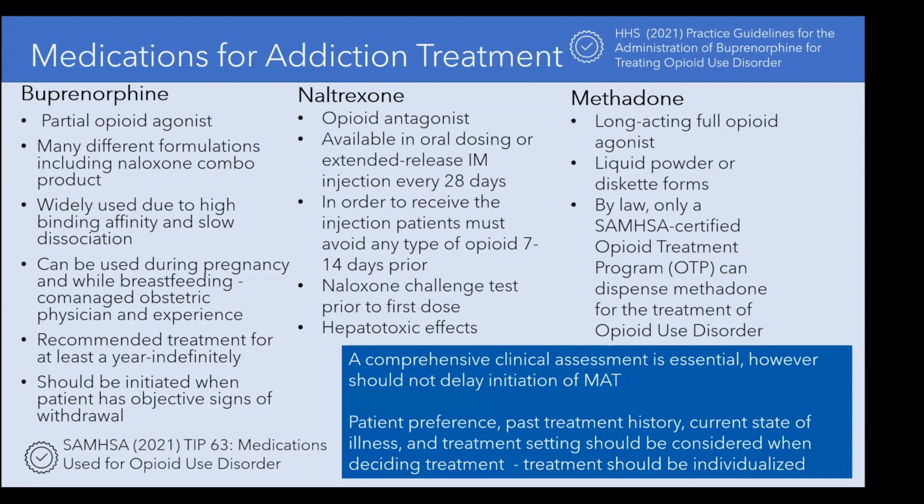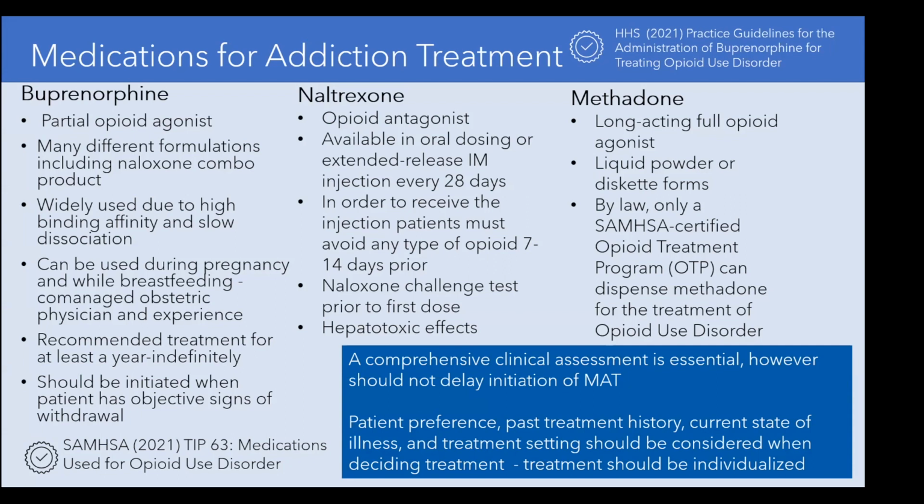The second medication listed here is naltrexone. It's a complete opioid antagonist. It is not an opioid. It's available in oral dosing or extended release IM injection. The extended release IM injection given every 28 days seems to be the preferred option. There's better adherence to it.